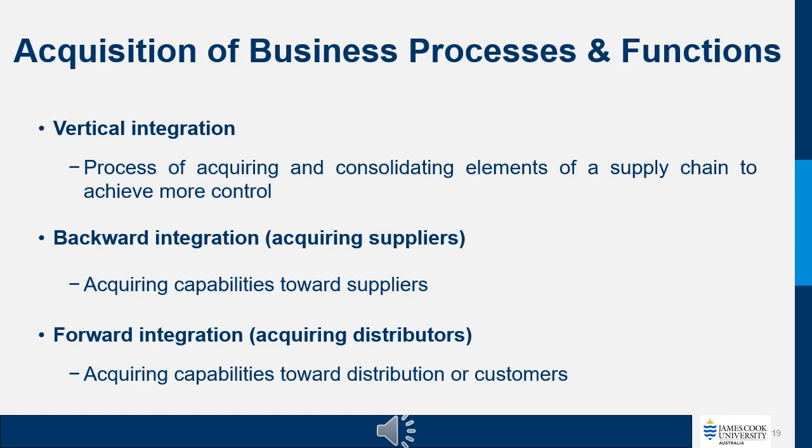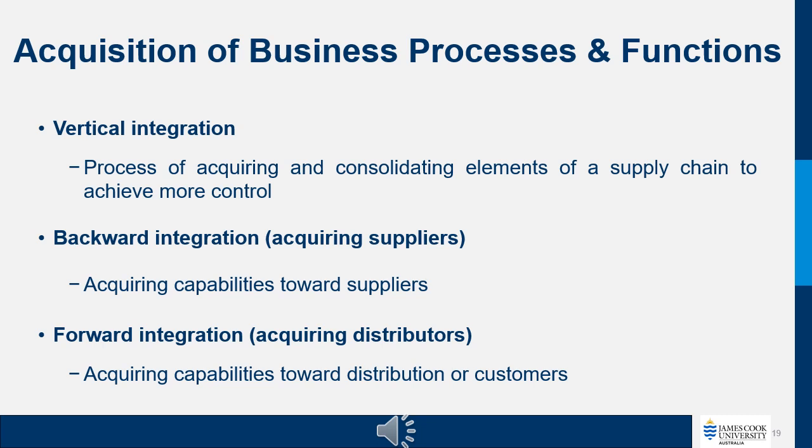Vertical integration refers to the process of acquiring and consolidating different stages or elements of a supply chain within a single organization. It involves expanding a company's activity either backward or forward along the supply chain to gain more control and enhance strategic advantage. So we have backward integration, which occurs when a company acquires and integrates suppliers or elements of the supply chain that are located upstream.